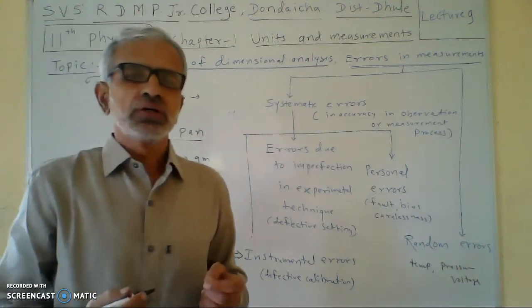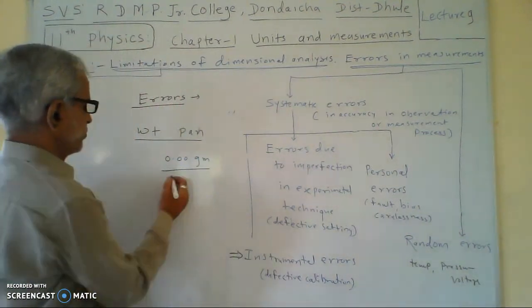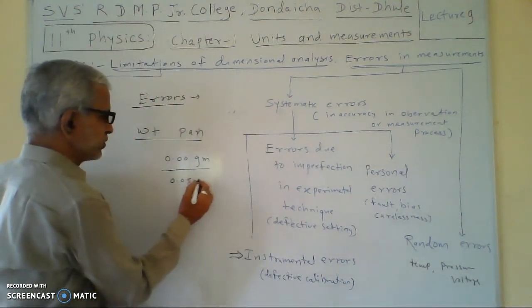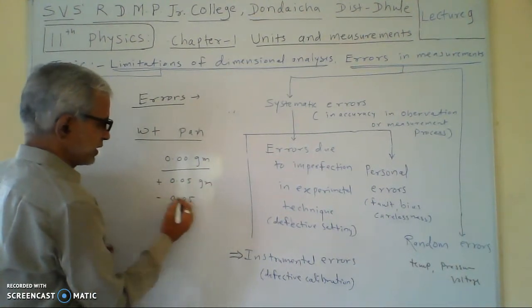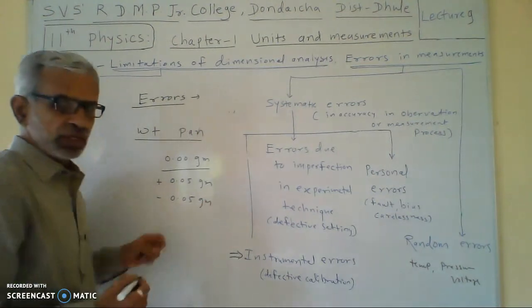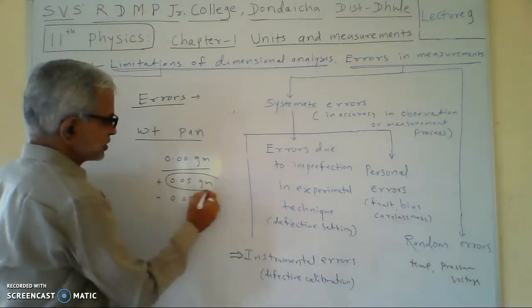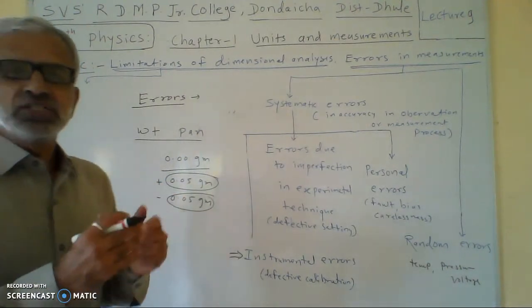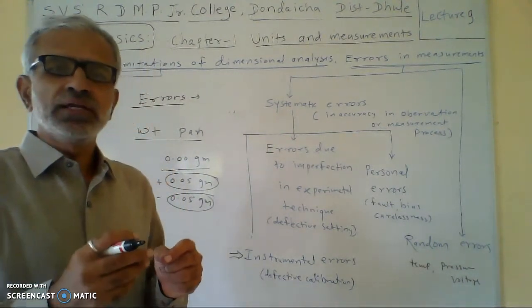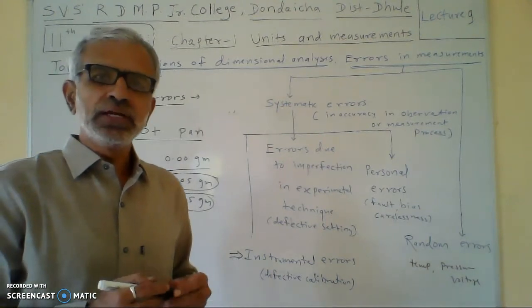If it is not 0 gram, means if it is 0.05 gram plus, or if it is minus 0.05 gram, then it will cause the error in the measurement, and that error is called the instrumental error.